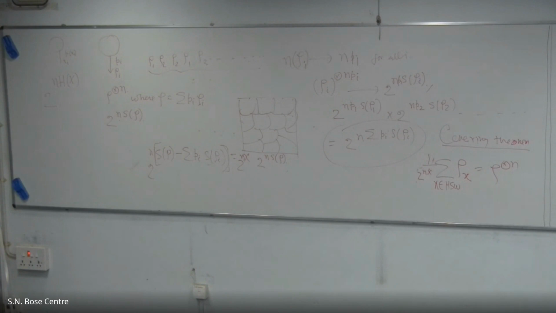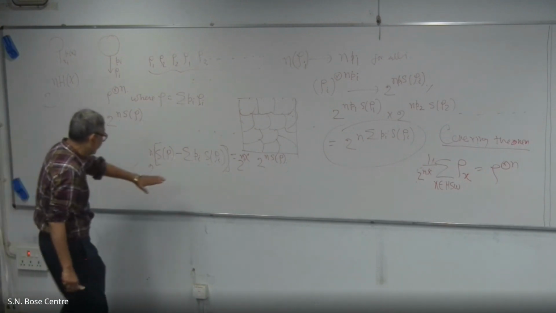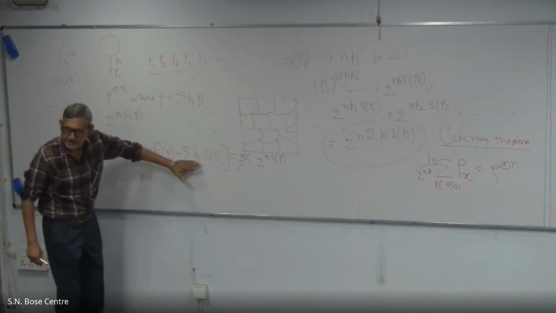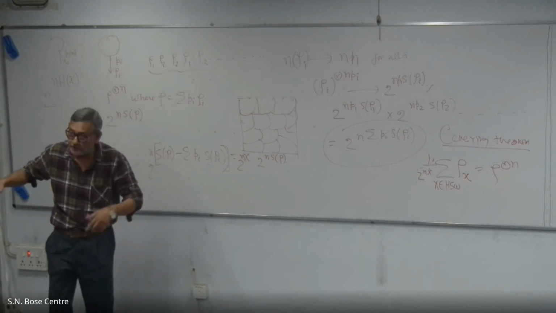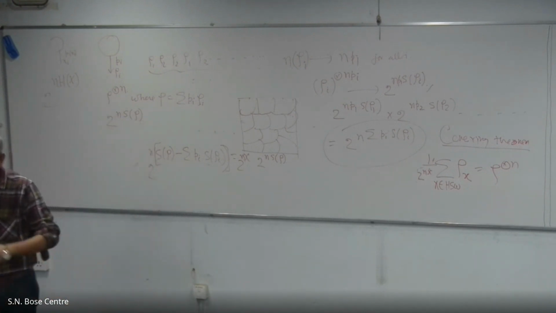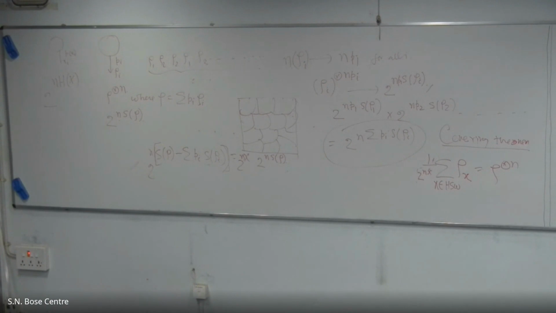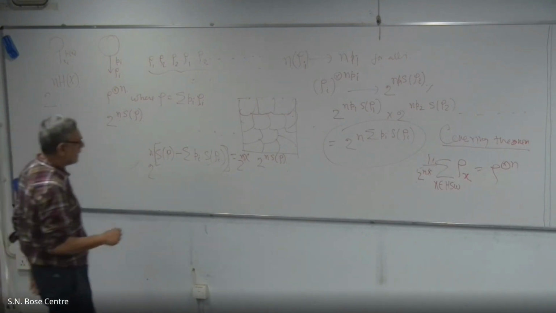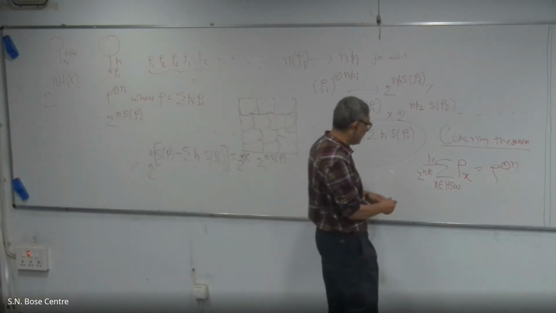Now you see that if this quantity is less than 4, then I can actually get rid of it. This is the physics. So this is sometimes called a fake ensemble.